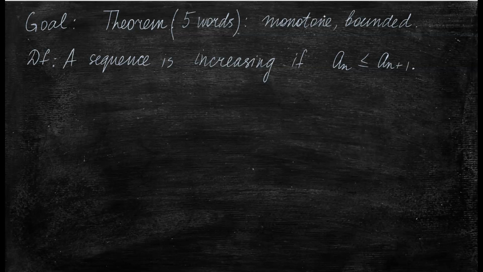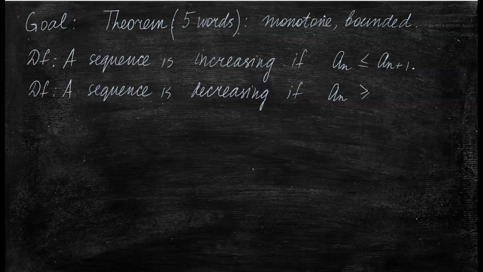So symbolically we can write it like this. We also say similarly that a sequence is decreasing if the successor is less than or equal to its predecessor. So these are the definitions.